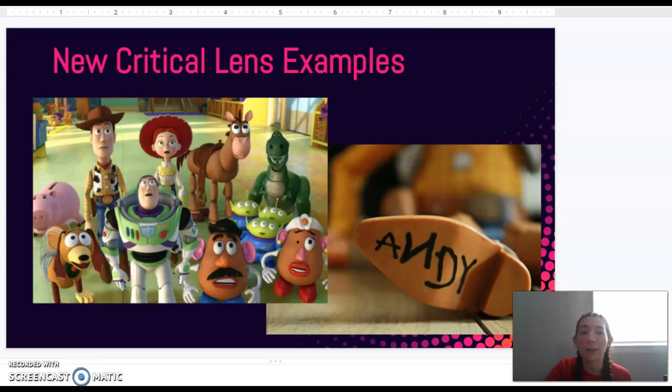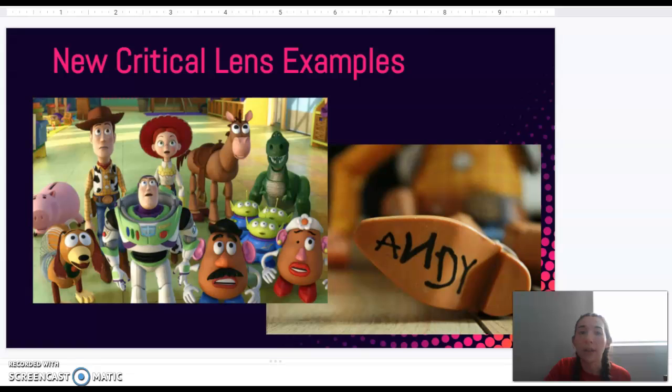So as far as another example of new critical lens, in the movie Toy Story, the repeated motif of the symbol Andy on the bottom of the toy's shoe, representing giving one's name to somebody, something that is truly important and that they love and hold dear, and how this transforms throughout the story and brings people together, is meant to reflect similarly the concept of marriage and taking somebody's last name, or the concept of having offspring and giving them a name and keeping them as part of your family.